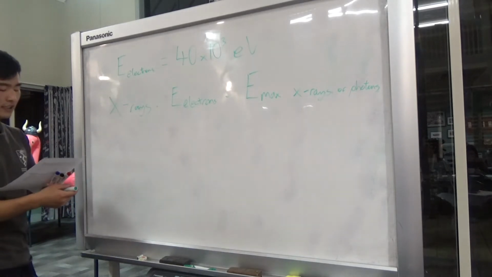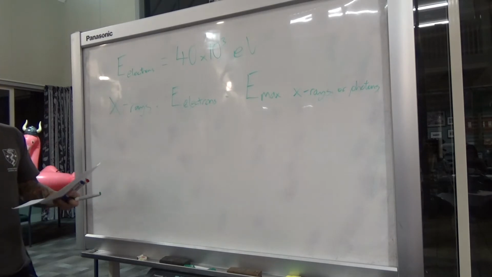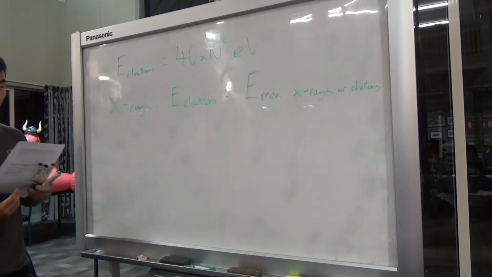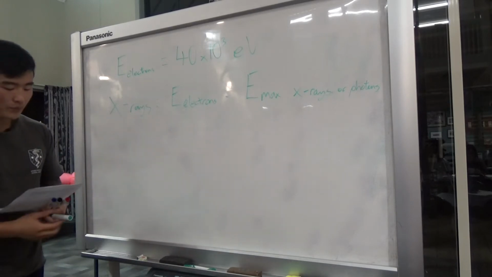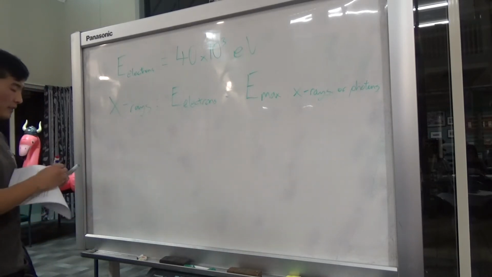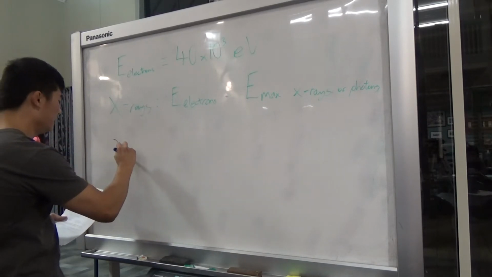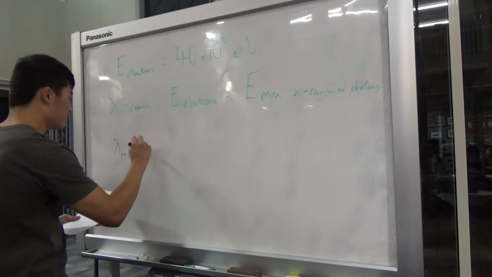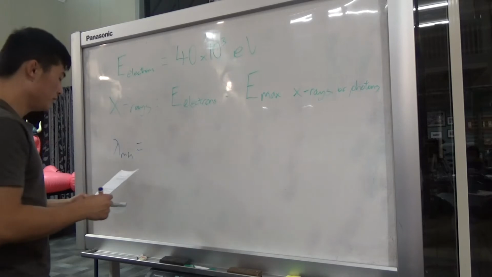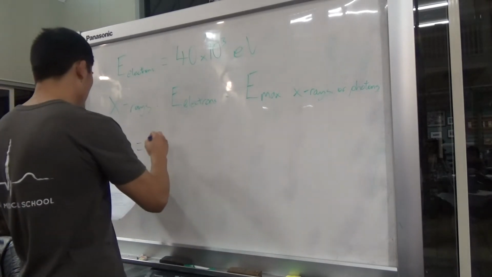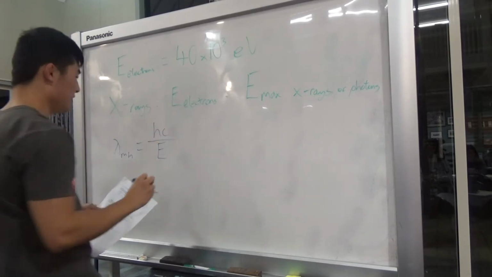We can convert that later. We want to find the wavelength of these photons, and remember, if you know the energy of the photons, you can calculate the wavelength, the frequency, and the momentum. So we just want to calculate the minimum wavelength. That's going to be hc divided by the energy.